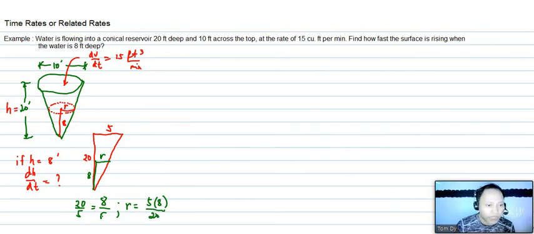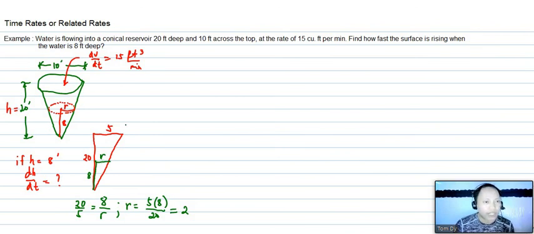By cross multiplication, r will be multiplied by 20, and then 20 will become the denominator of 8. And then 5 times 8, 40, divided by 20, our value of r is 40 over 20, which is equivalent to 2. That is the case: if the height is 8, then our radius is equal to 2.